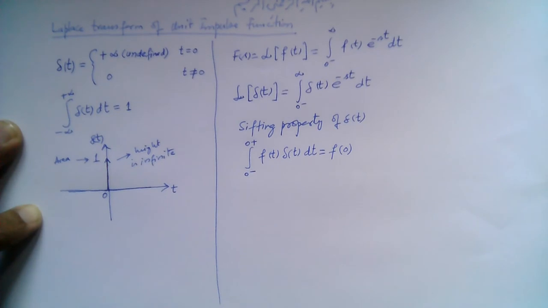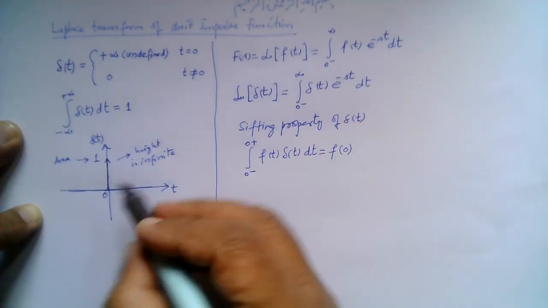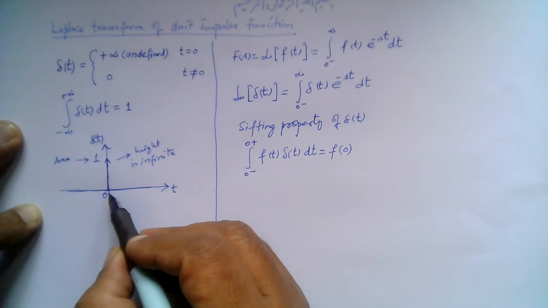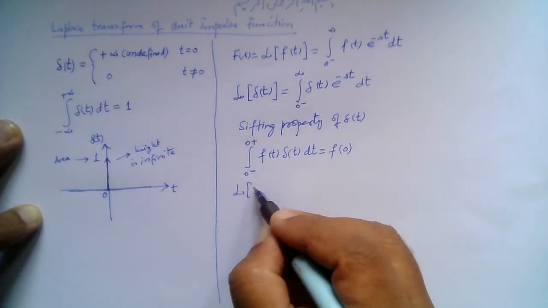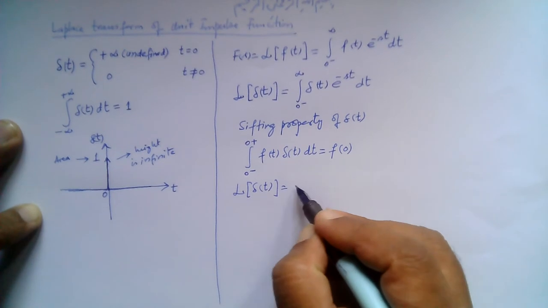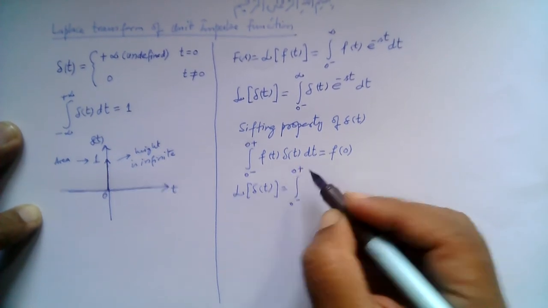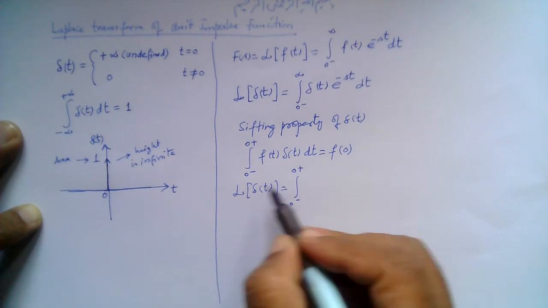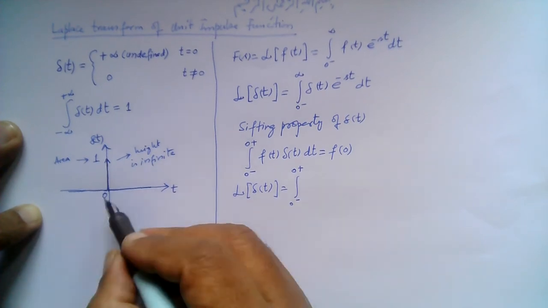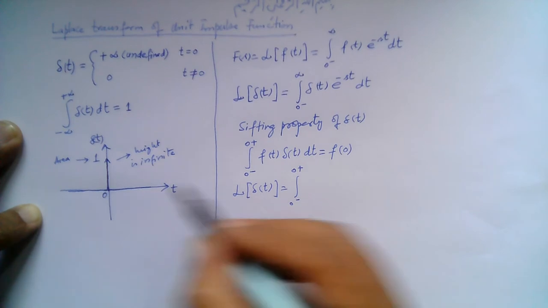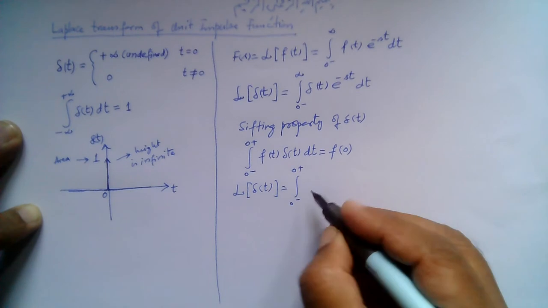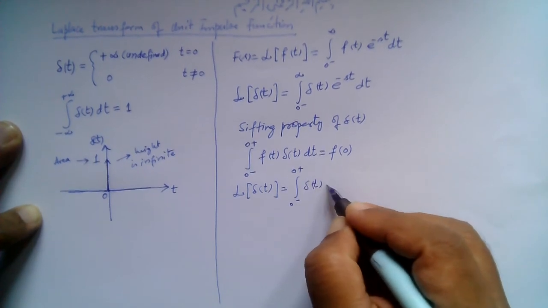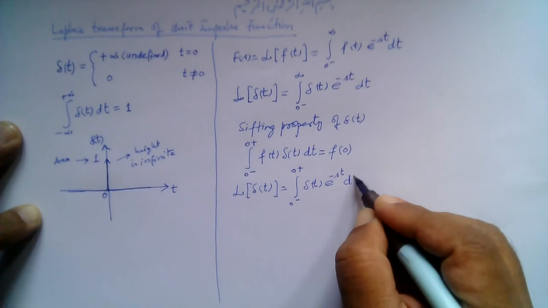So this integral here, as we have seen that this is 0 elsewhere other than at t is equal to 0, we can rewrite this integral as Laplace transform of del t is equal to the integral from 0 negative to 0 positive, because it is 0 elsewhere, right? It only has a value at t is equal to 0. So del t e raised to the power minus st dt.